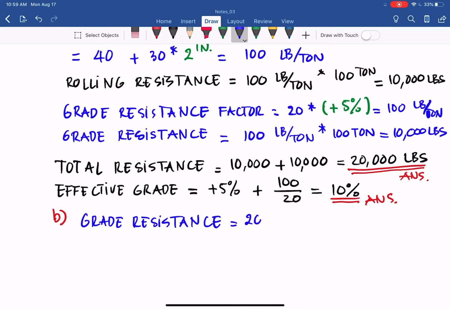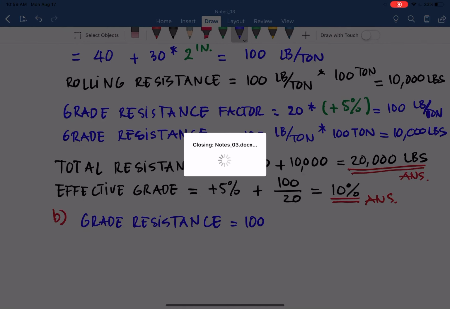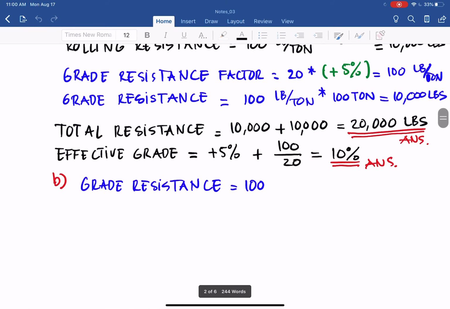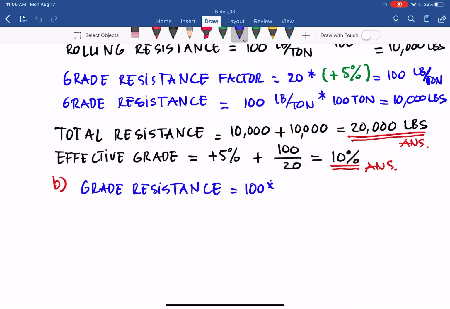So the grade resistance is the weight, 100, times 20 for the grade resistance factor, times the grade percent.